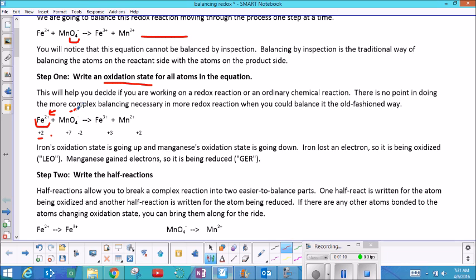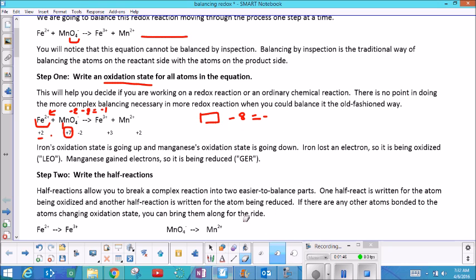The rule is the O is worth -2, and there are 4 of them, so that makes this piece a -8, and the whole thing is equal to -1, so it's what number? -8 equals a -1, and the answer to that is a 7. So +7 is what the Mn is. It's the answer to my mystery box.